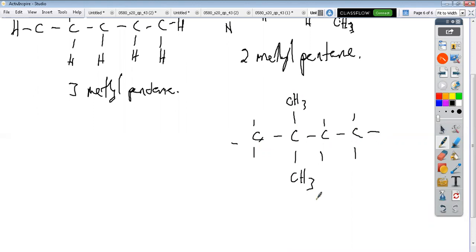So 2,2-dimethyl, now I have an idea. 2,2-dimethyl, long chain, 4 carbons. So butane. Is that clear? 2,2-dimethylbutane.